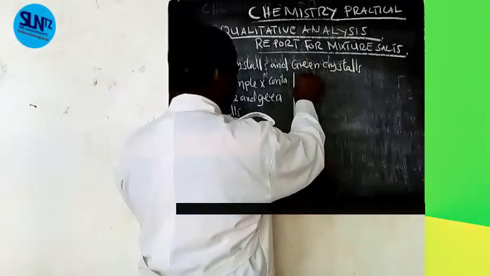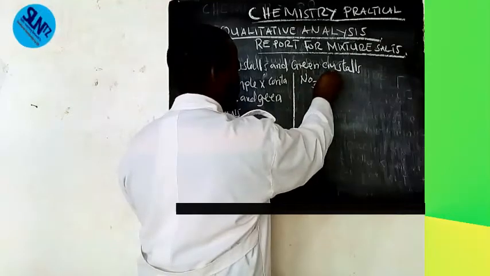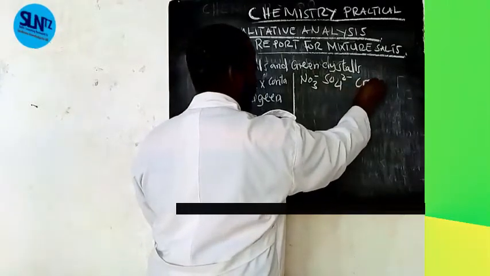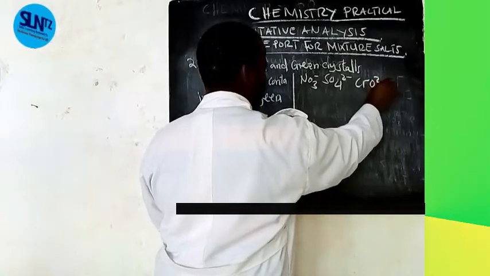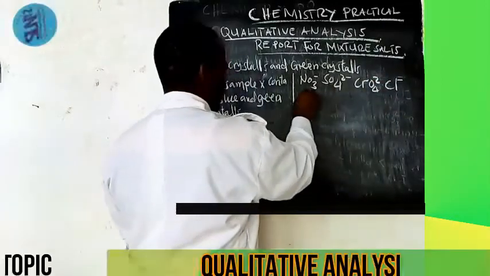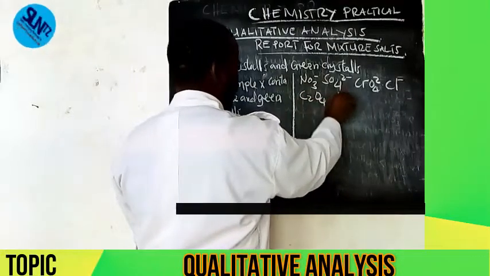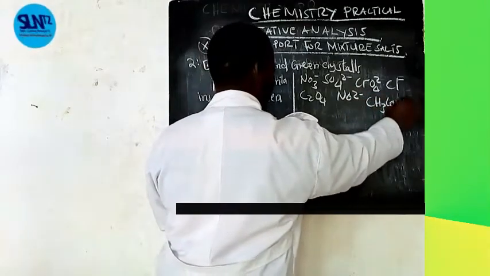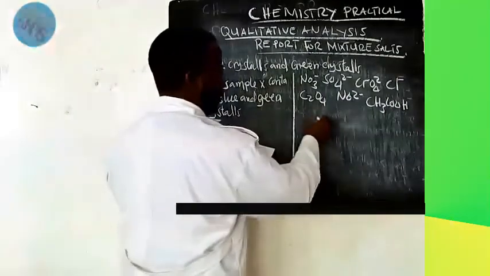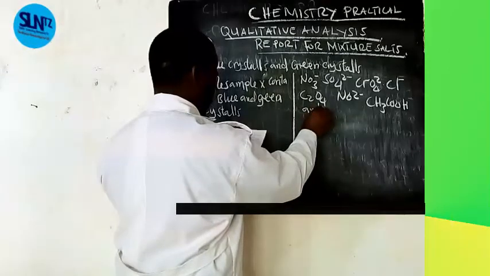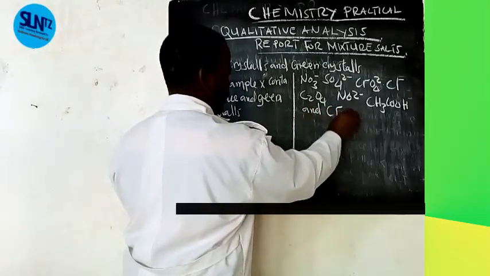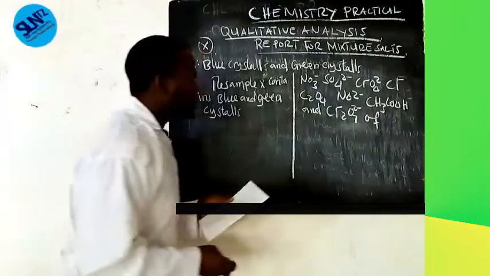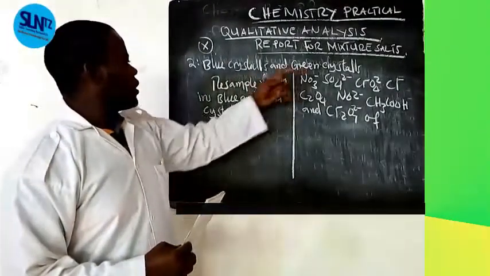Because those are crystalline, there is nitrate, sulfate, chromate, chloride, oxalate, this one, and this one, of what? Of green and the blue.